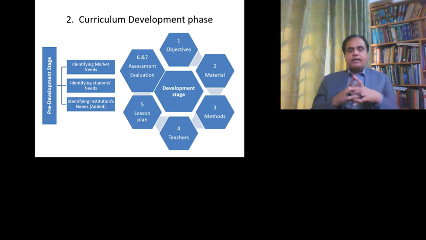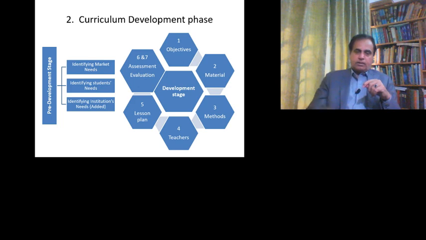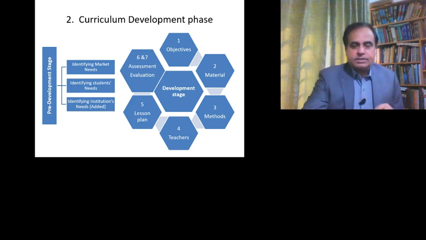In this stage we have the objective that we discussed today, the preparation of material, teaching methods, the selection of teachers, and lesson planning. Then numbers 6 and 7 have again been put here in one box, but they are not one. Assessment is related to the learners, and evaluation to the whole implemented process.